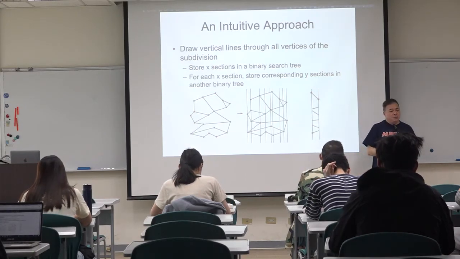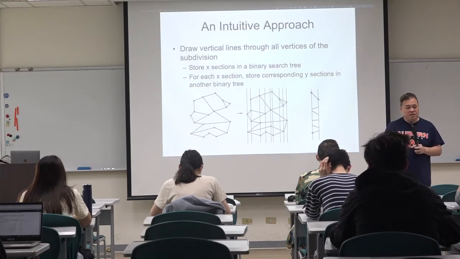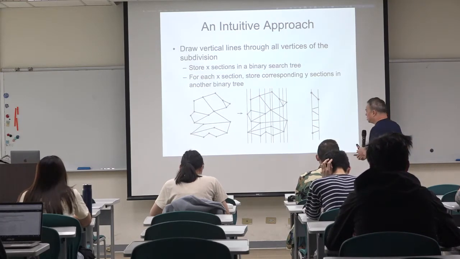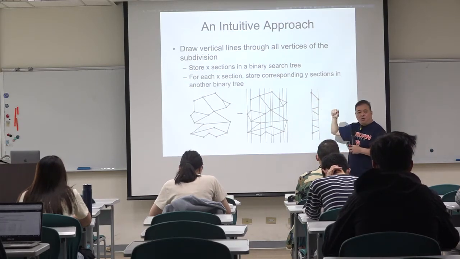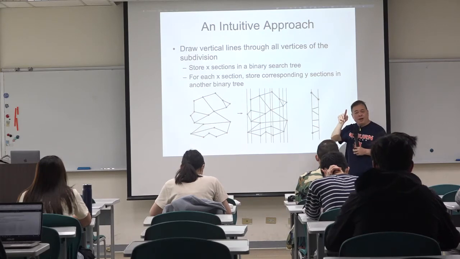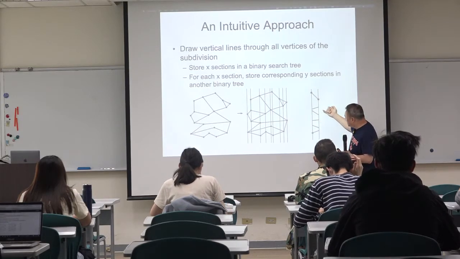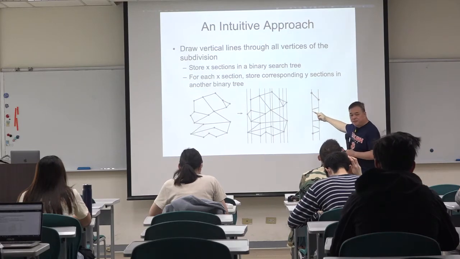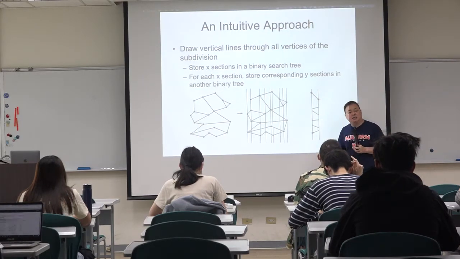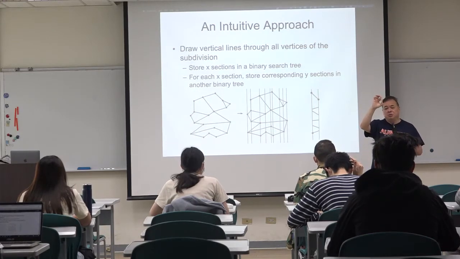Remember, we are given a query point. We use the x coordinate of the query point to find the slab. Now we use not just the y coordinate, but the x and the y coordinate of that query point. For example, say this is the middle segment, which is stored in the root of your binary search tree.